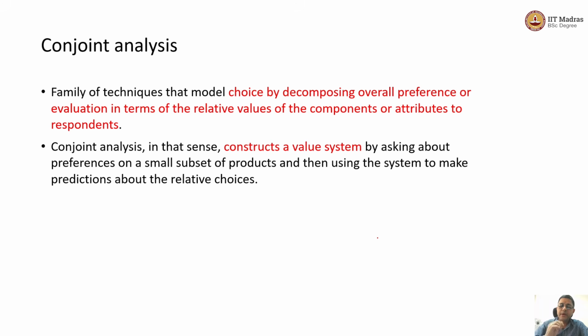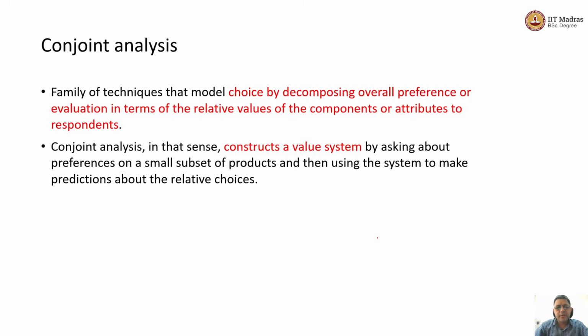So in some ways, we are getting into the consumer's mind and trying to understand their value system. Do they value this product more? Do they value this other product more? Do they value this attribute more? Do they value this other attribute more? So we are essentially trying to construct a value system for a consumer by asking them about their preferences on a small subset of products, and hopefully make predictions from that model that builds us the value system.